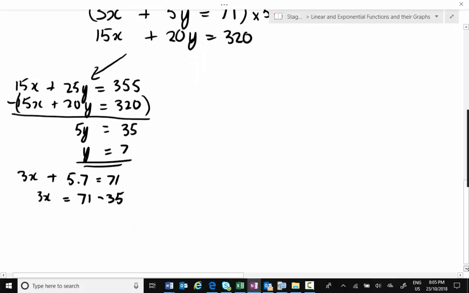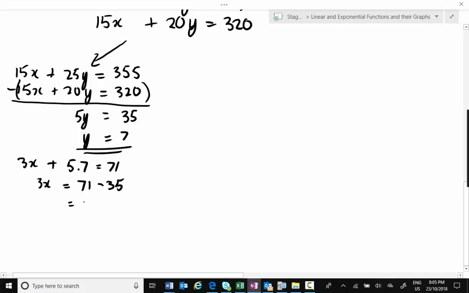So 71 take 35 is going to give me 36. And obviously the opposite of timesing by 3 is dividing by 3, so that's going to give me 12. So therefore we sell 7 lots of y and 12 lots of x. Therefore we sell 19 cans of paint.